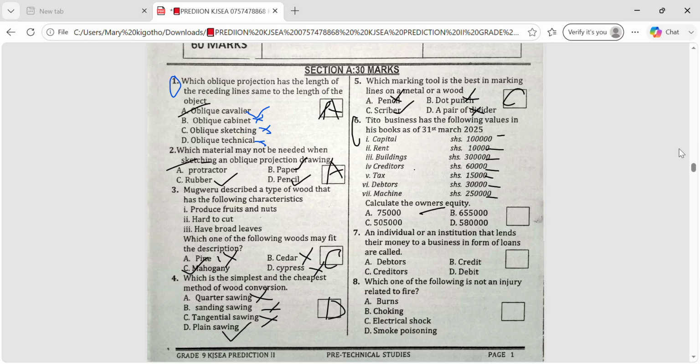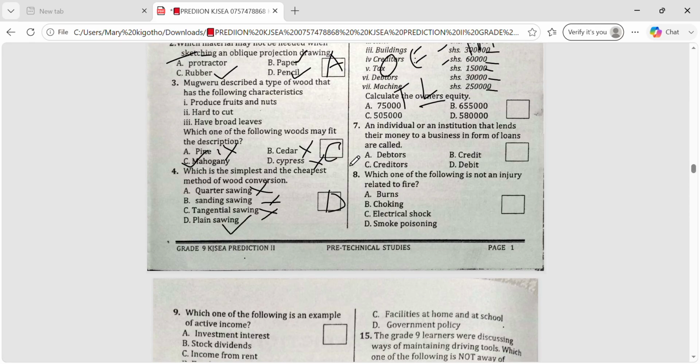It is what is left over after you subtract everything the business owes, that is liabilities, from everything it owns, that is assets. So owner's equity equals total assets minus total liabilities.